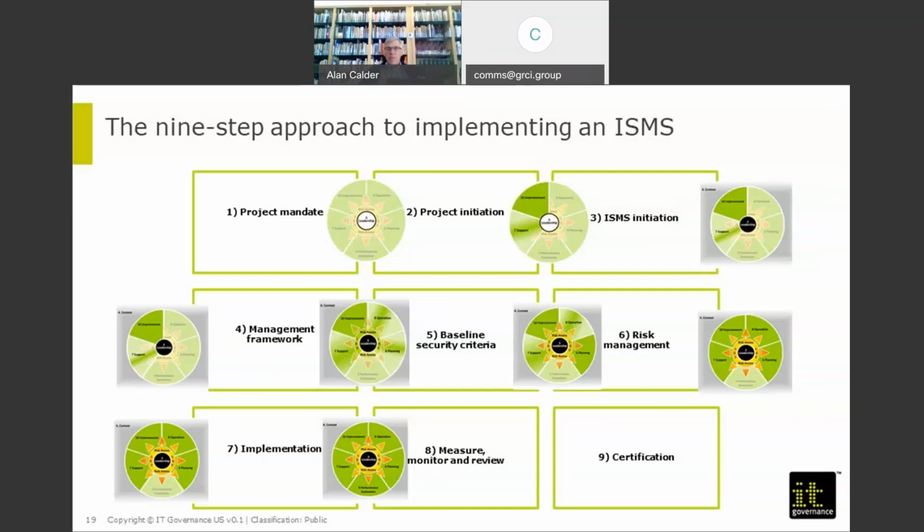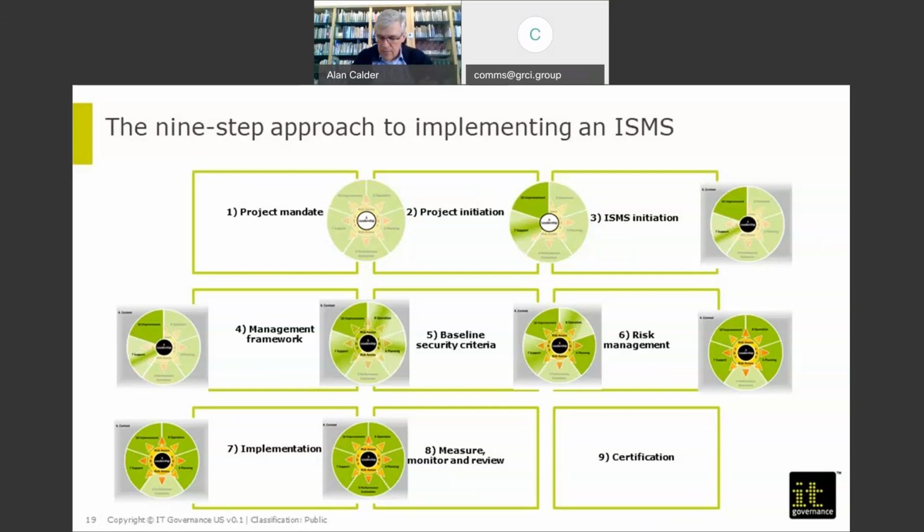You then move into implementation, which tends to be quite a substantial portion of the project, making sure that your controls are in place and working effectively. Typically, you'll start measuring effectiveness fairly quickly after deploying the control, so you can start driving improvements, but you'll want to measure how well the control is doing at reducing ransomware attacks, for instance, or reducing the number of times people accidentally release data onto the internet.